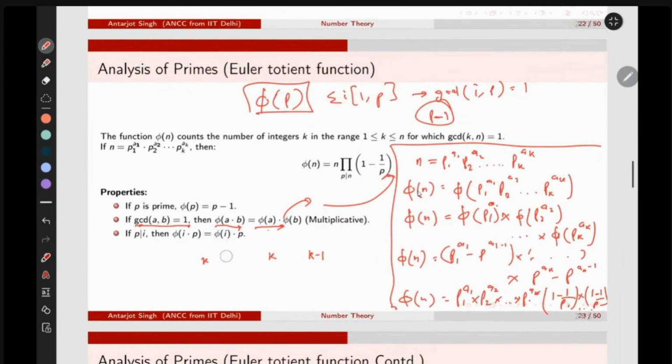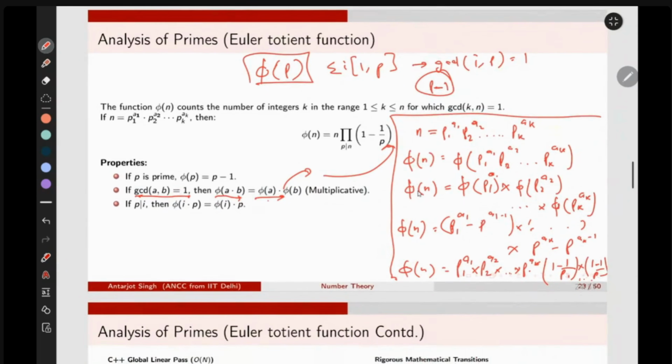So phi of n would be, this number is very familiar to us, that is n, times this.